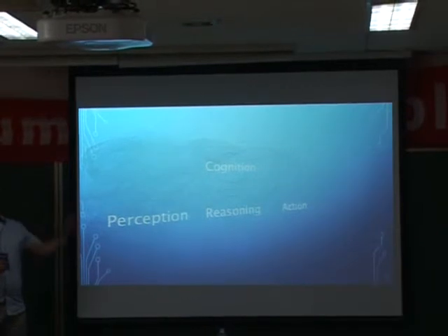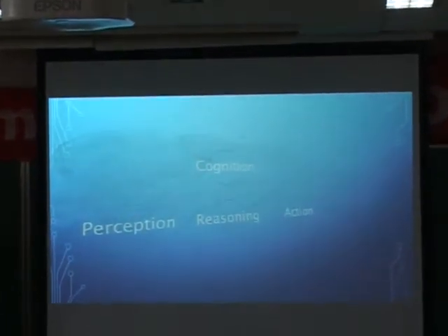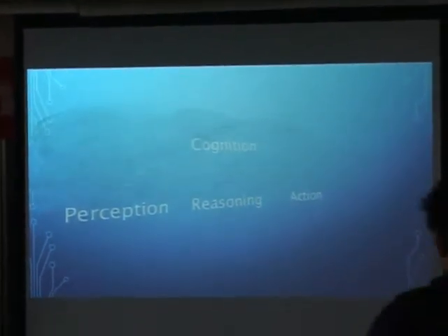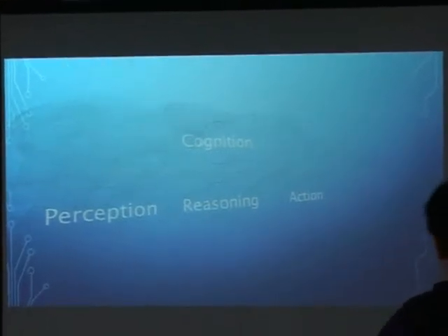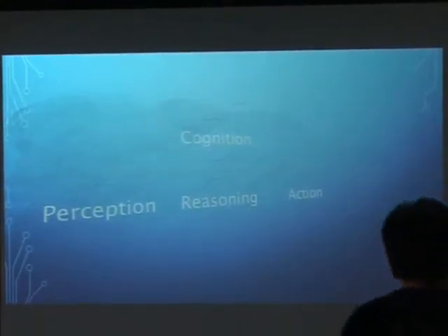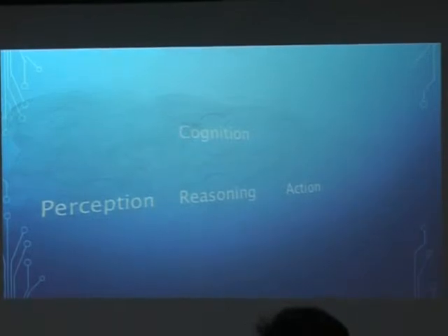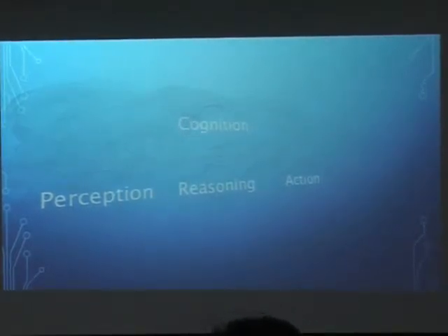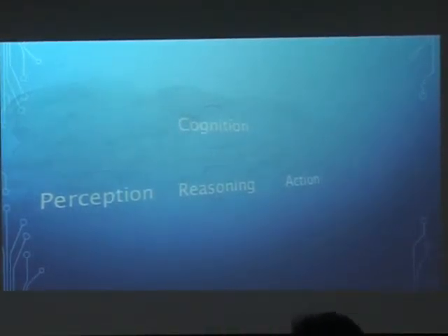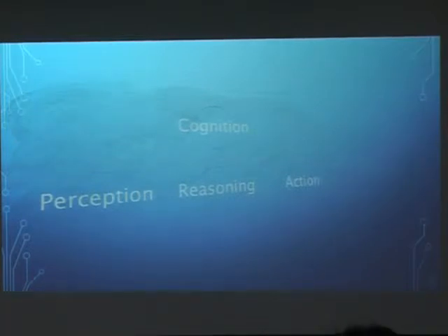I will be calling that reasoning because I think some other people refer to cognition as the whole package. I'm going to be focusing on perception in this talk, but some people consider action to be basically perception in reverse. So some of what I say might also apply to action.